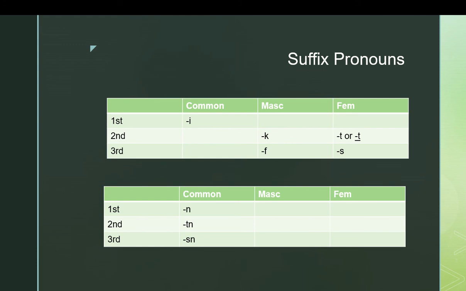So these are the suffix pronouns, with one exception, spelled exactly as the letters that they are. First person singular common is I. Then you have k and t or tch for second person, and f and s for third person. They do distinguish masculine and feminine for second and third person, in contrast to English, where only third person singular has different forms between the genders.